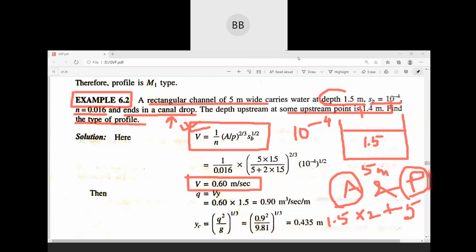You are all getting the same value, that is 0.60 meter per second.